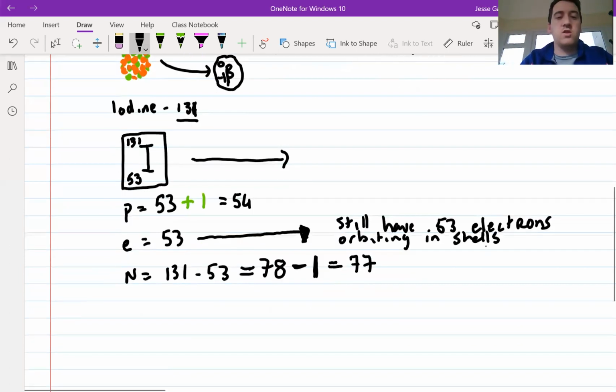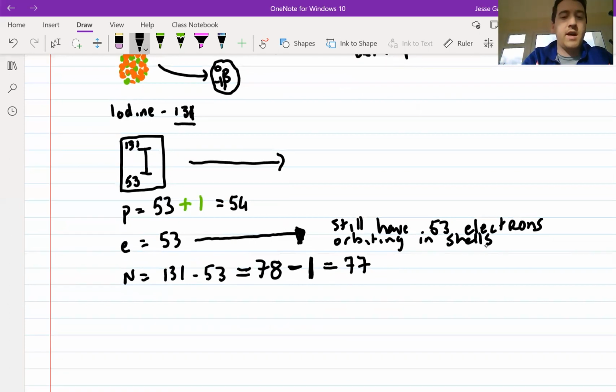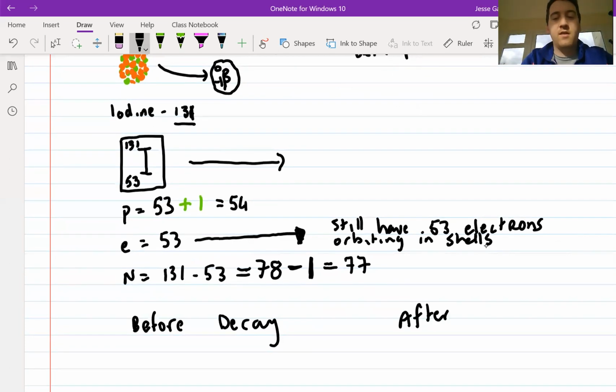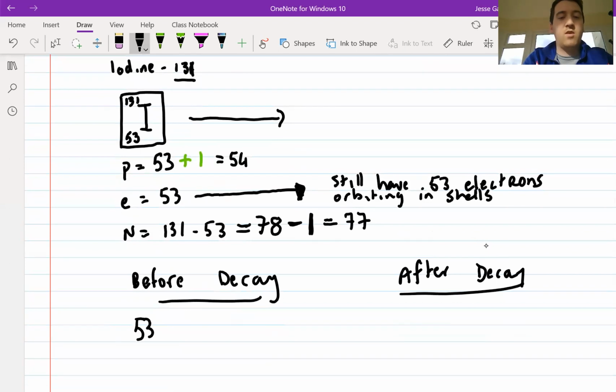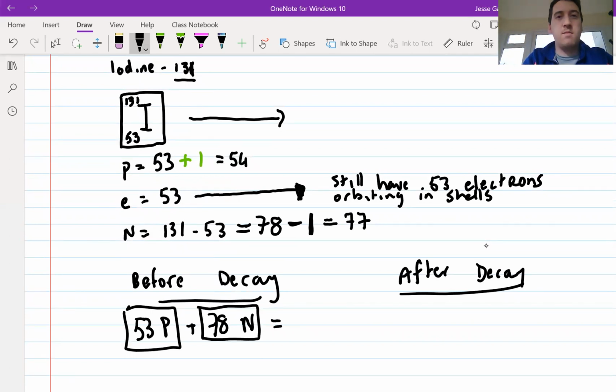Now let's just summarize here. Before the decay, and after decay. Okay, so before decay, we had 53 protons plus 78 neutrons. That gives us a relative atomic mass of 131.